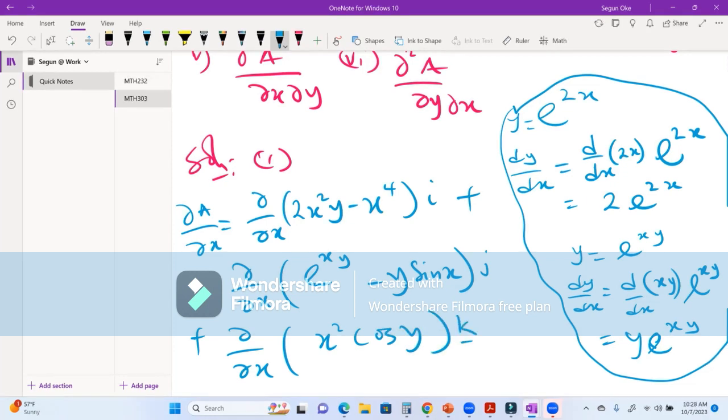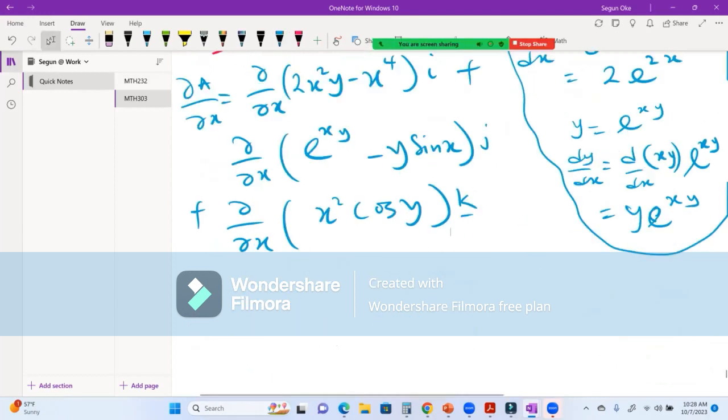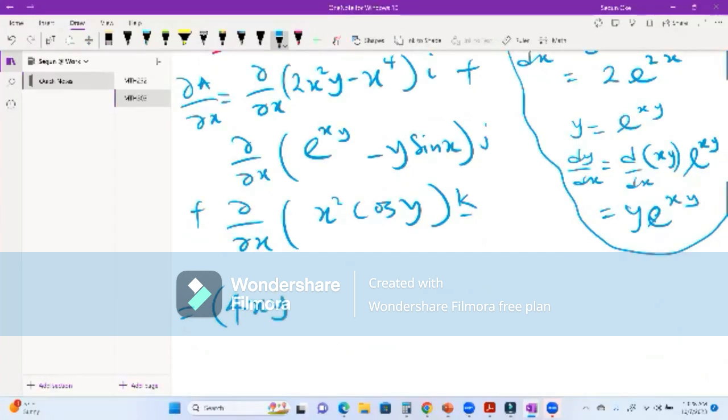Now, let's solve it one after the other. The first one, the i component, what is it? Who can tell us? Differentiation now. It's 4xy minus 4x raised to power 3. Yes, i. Then you go to the j component.